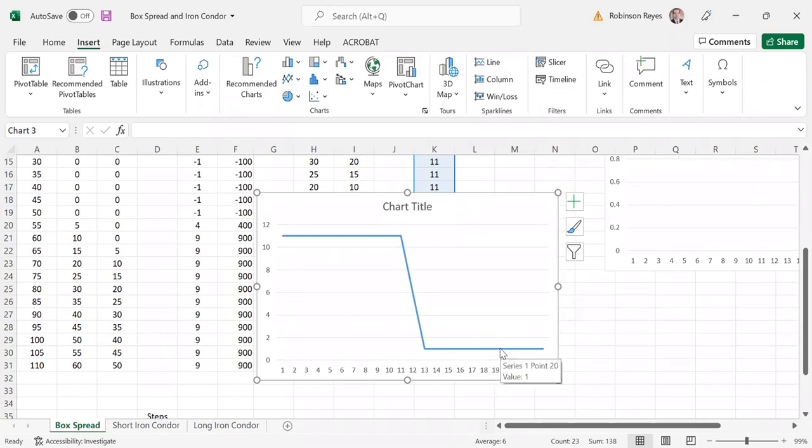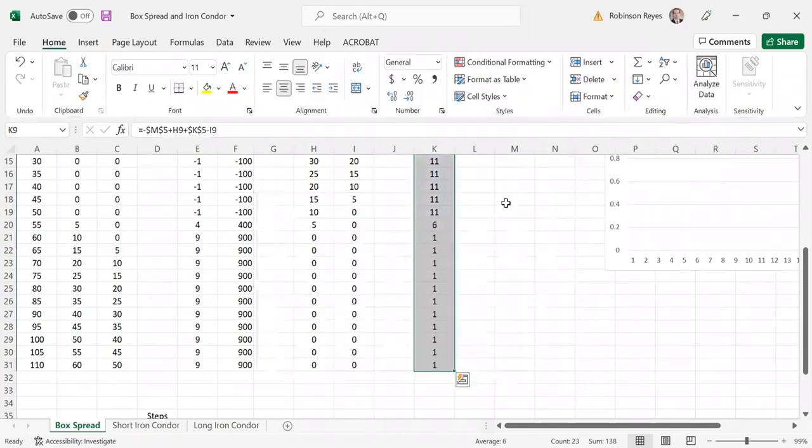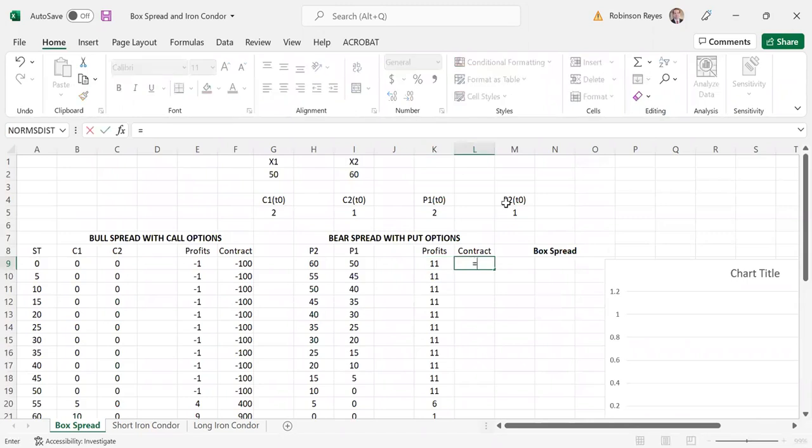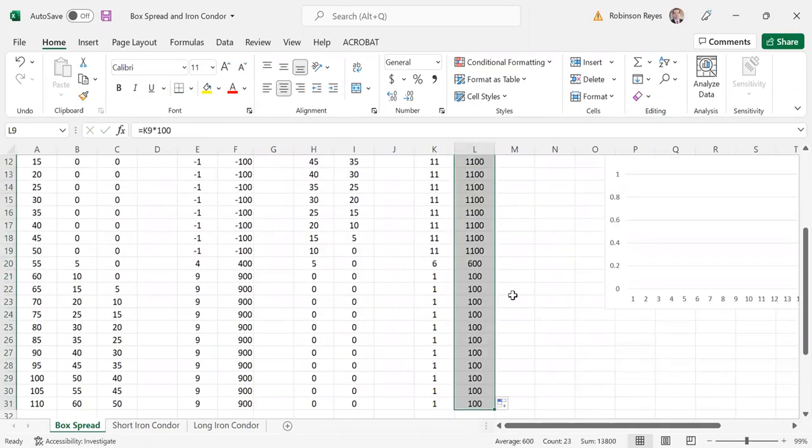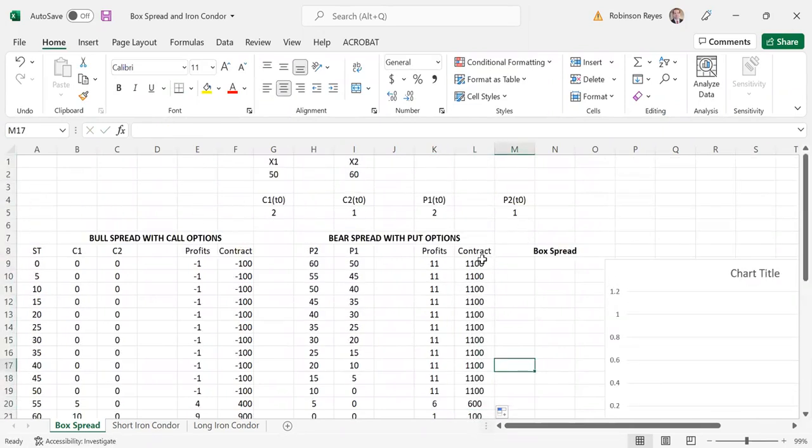But if you use real data, this would come down to negative ground, so you would end up losing money when the stock prices are low, but of course a limited loss. We multiply this by 100, then we scroll this down, so we have the profits, but by contract size.